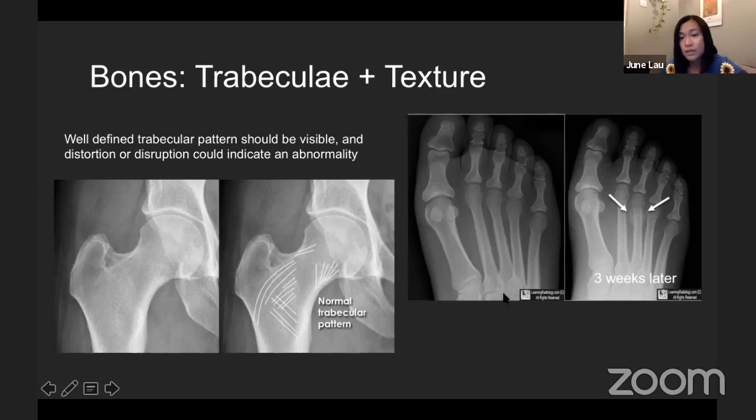If you look at this foot here, which belongs to a young lady who is a runner coming with foot pain, the first x-ray doesn't show anything. Nice, smooth cortices. She goes home, keeps running on that foot, and 3 weeks later she comes back because the pain is not better, and you can see an irregularity on the third metatarsal here.